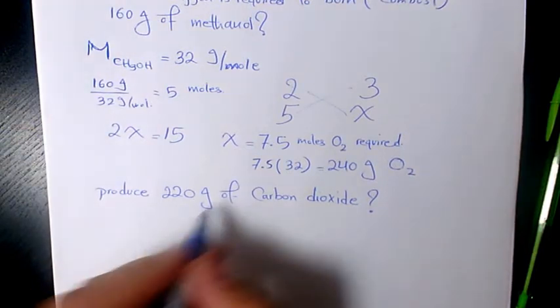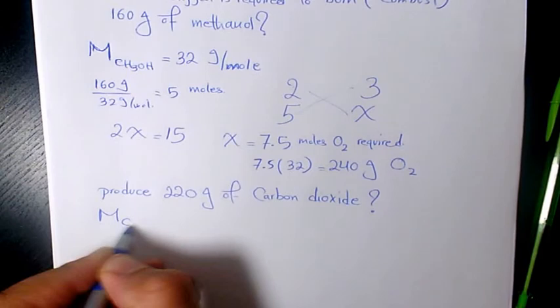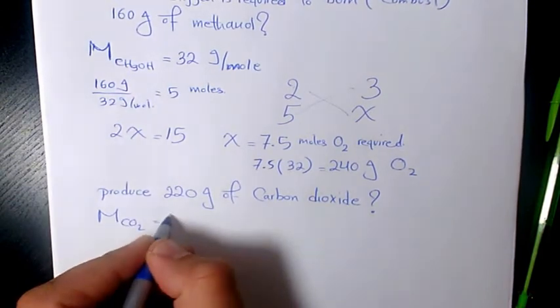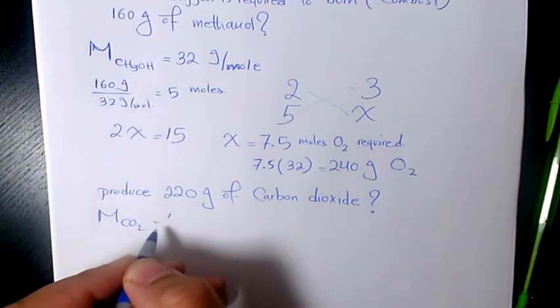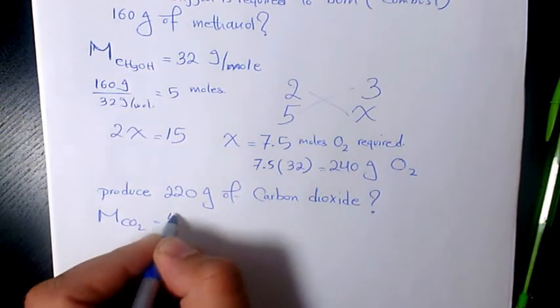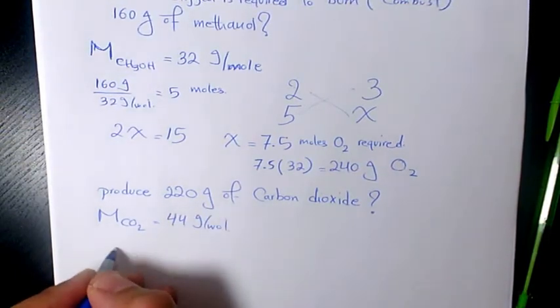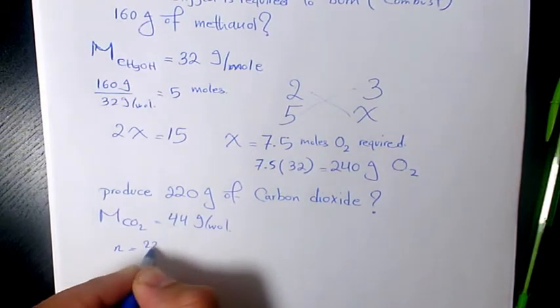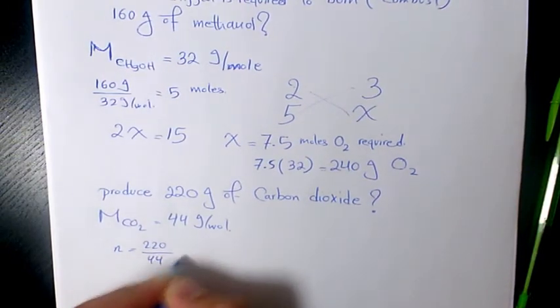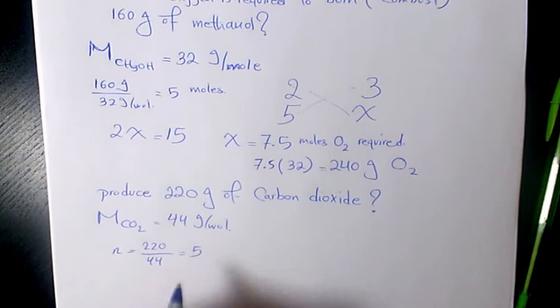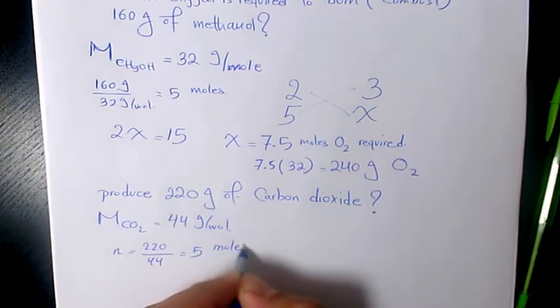First of all, I want to find out the molar mass of CO2. That's going to be approximately 44 grams per mole. In order to find the number of moles of CO2, we just divide mass by molar mass. That will give me 5 moles as well.